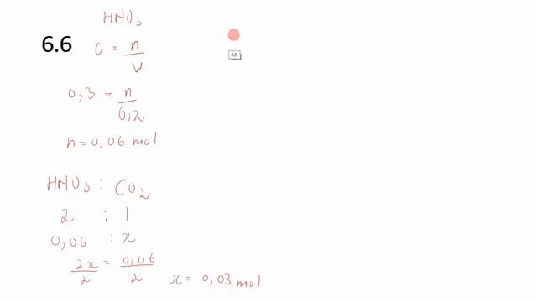Now, to calculate then the volume of the carbon dioxide, we have the number of moles. So we say the number of moles of carbon dioxide is 0.03 mole, and since they said the carbon dioxide is produced at STP, we know the formula for STP is N is equal to V over Vm.